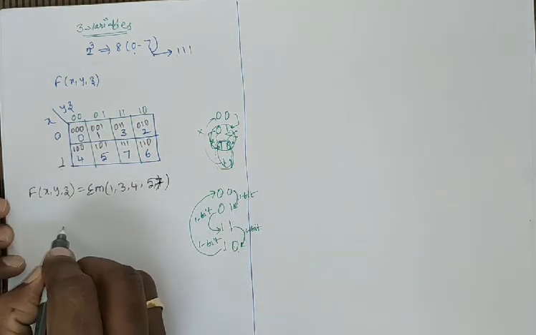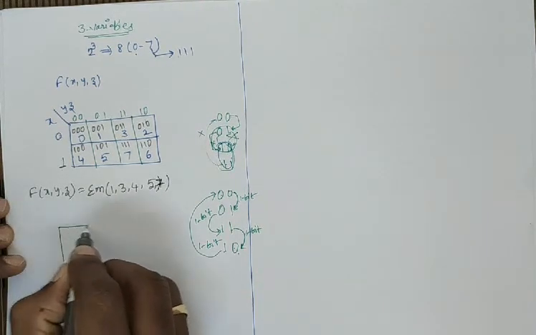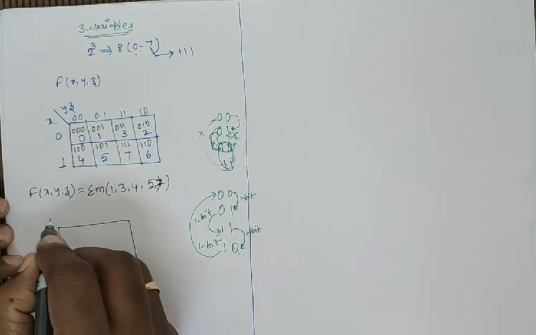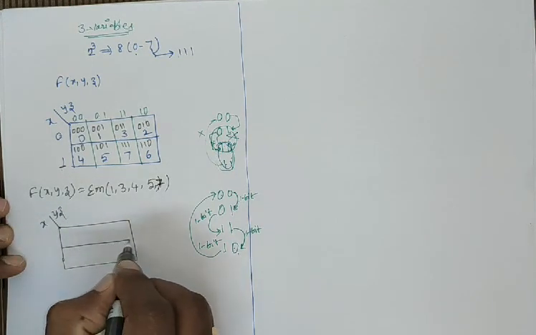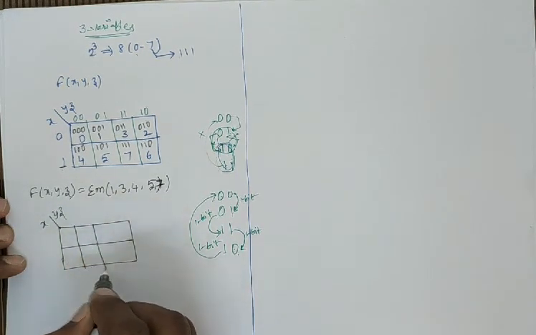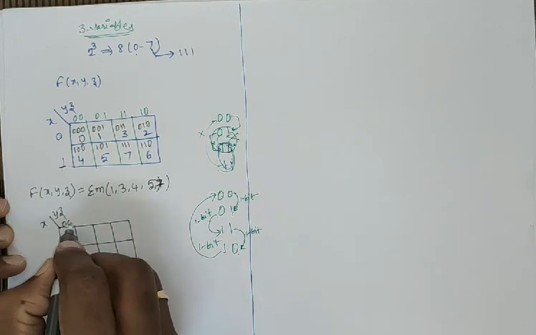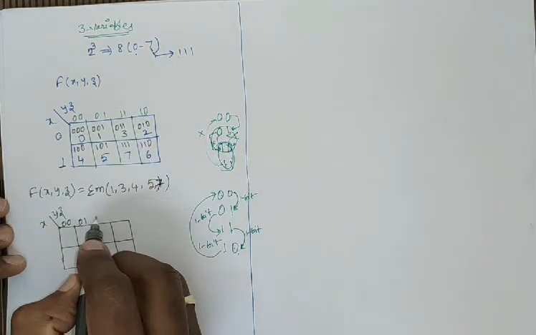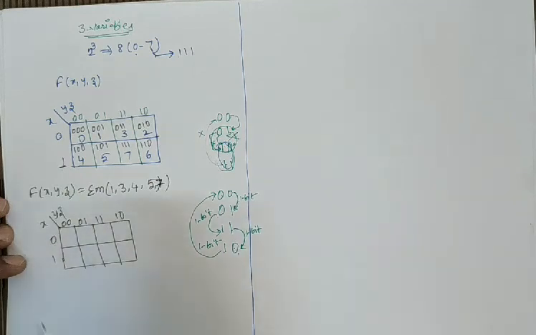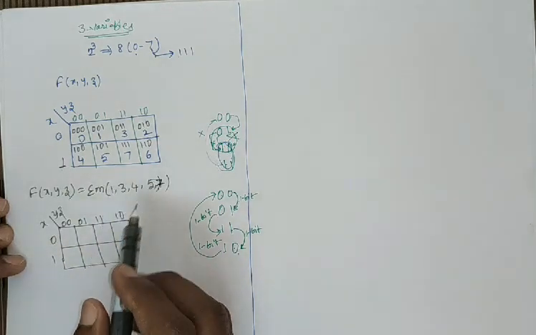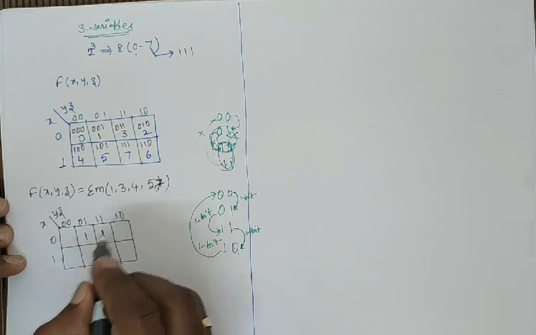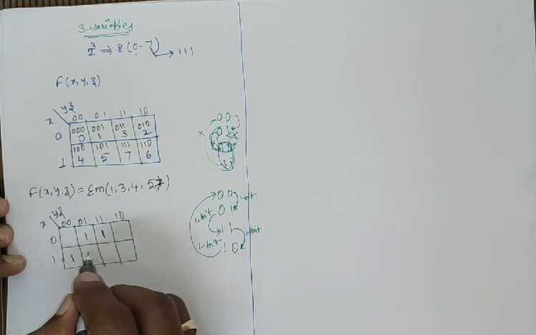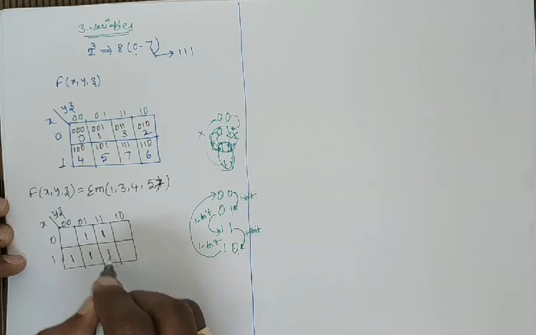Here are the positions of the given terms with input variables x, y, z: 0 0, 0 1, interchanging them 1 1, 1 0. The given positions are 1, next 3, next 4, next 5, and 7.